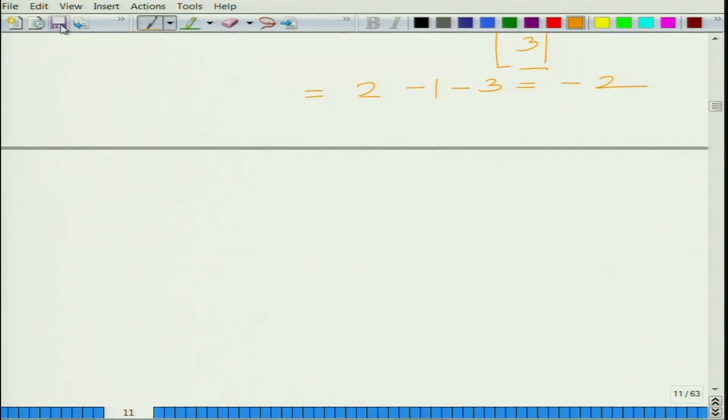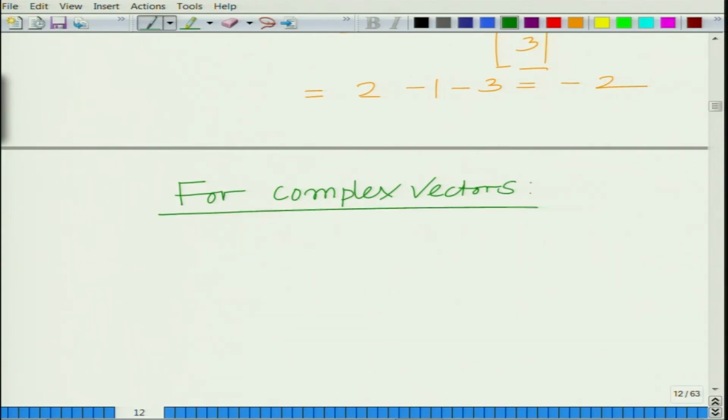Now, for complex vectors the definition becomes: we have u bar, the inner product of u bar and v bar, which we will define as u bar Hermitian v bar.